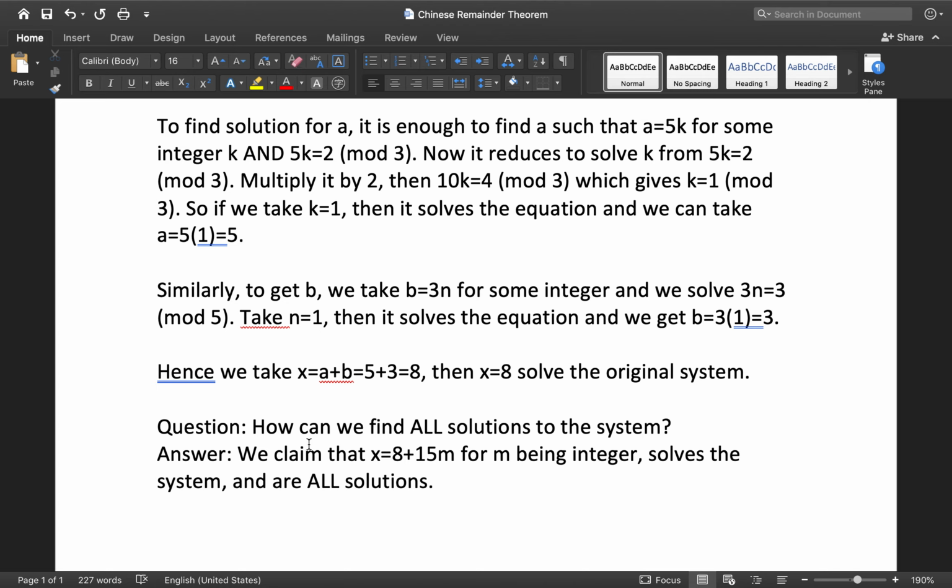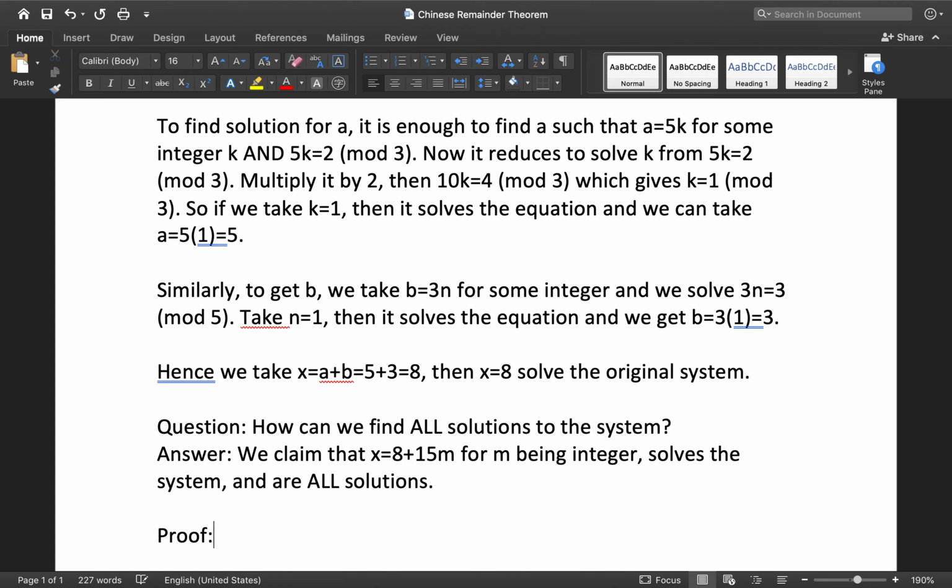The second part is more challenging because we have to show they are all the solutions. That means if we have any other solution, then it must be of the form 8 plus 15m for some integer m. How can you guarantee all the solutions must be in that form? So this is the proof.